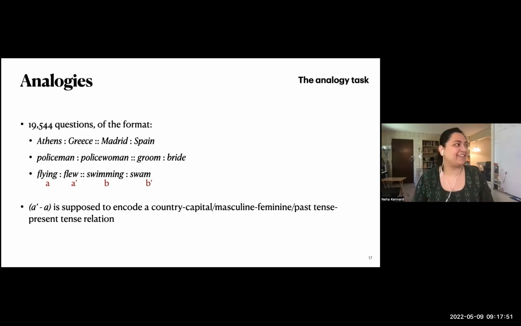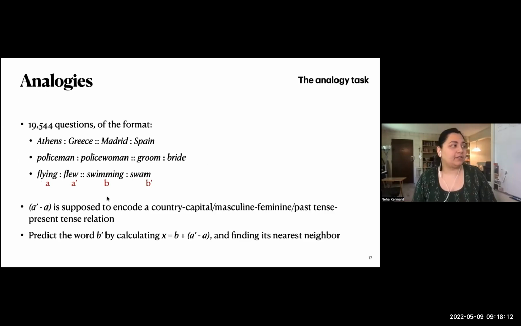Okay, all set. You could take the difference between the A and the A prime vector, and that would encode a country-capital relation or a masculine-feminine relation, etc. And then you could just add the masculine-feminine relation to a different masculine item, and that would get you to its equivalent feminine word. So you predict the word B prime by calculating B plus the vector difference of A prime and A, and then find its nearest neighbor.